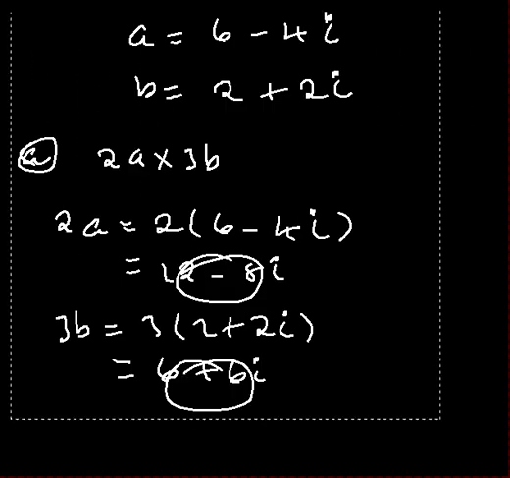And now what if we have a complex number m, which is given as 6i, and we have the complex number n, which is given as 7 minus 2i. How do you think we should have the product of this?